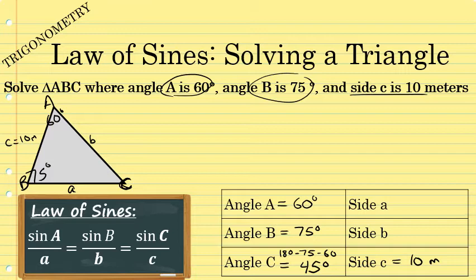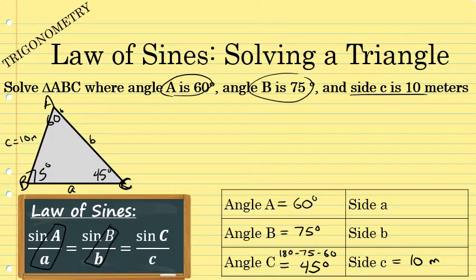To use the law of sines, as a starting point, you need to know an angle and the side across from it. You need to know what an angle measure is, and additionally, you need to know the length of a side directly across from it.